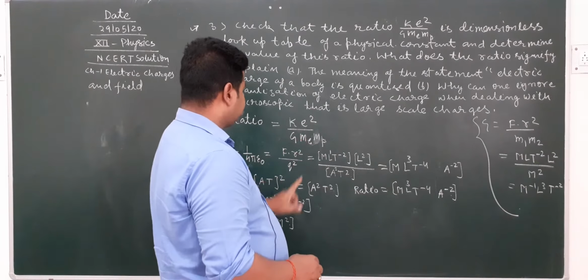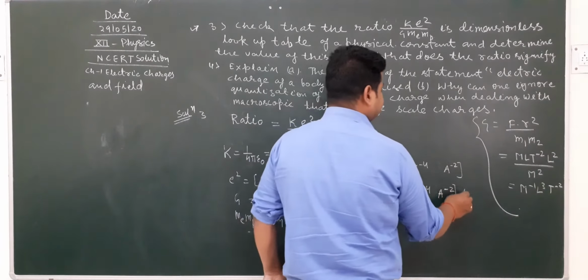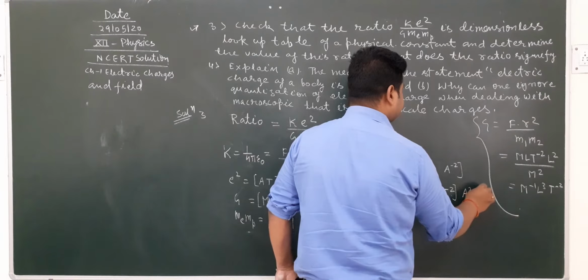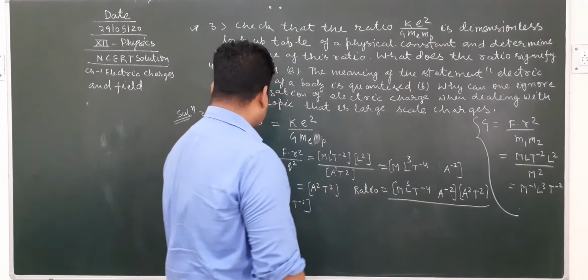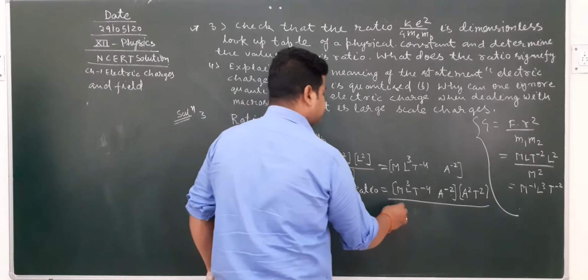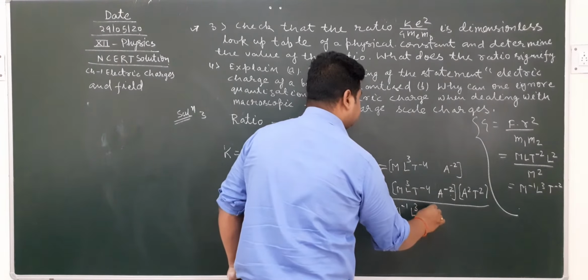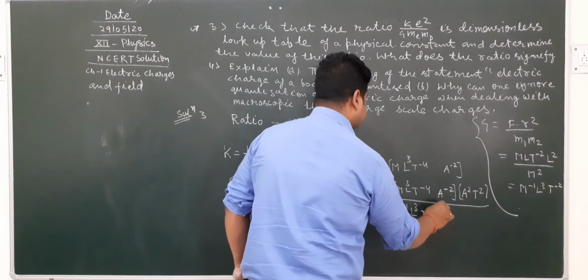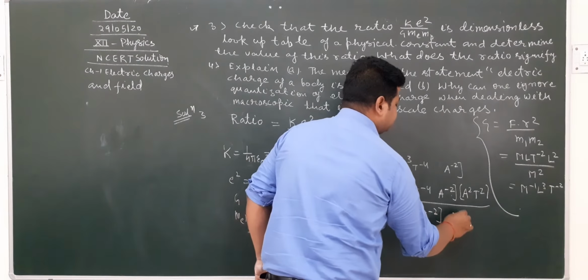And what is the dimensional formula of e square? e square is A2 T2. And also we put the dimensional formula of G, that is M minus 1 L3 T minus 2, and the dimensional formula of me mp, that is M2.